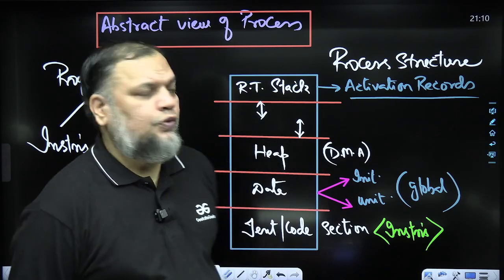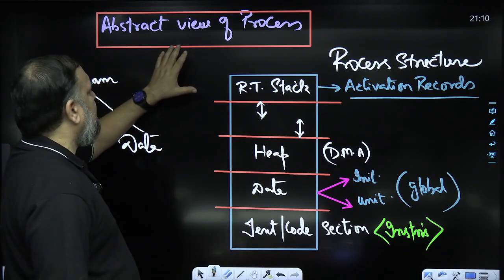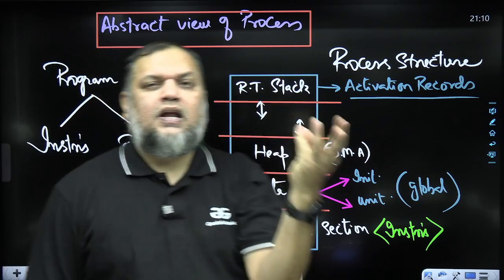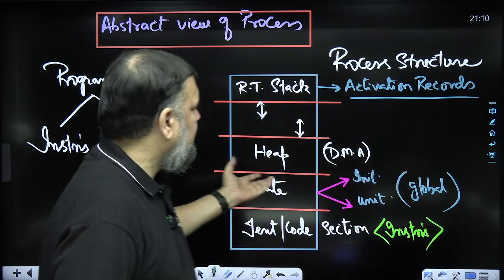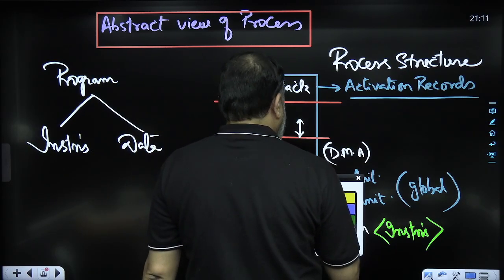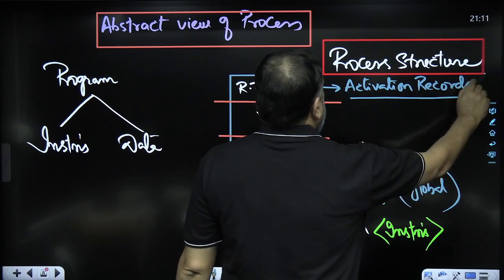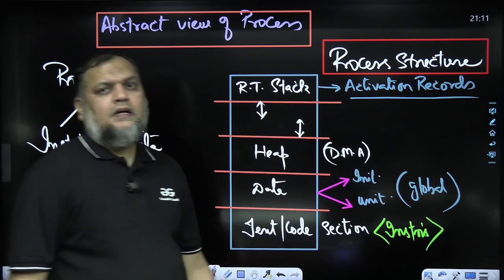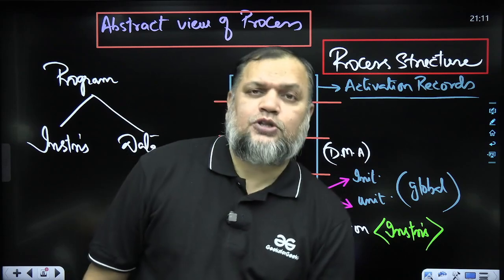So boys and girls, if you remember, process is abstract, like an abstract data type, ADT. Being an abstract data type, it will have a definition and a representation. This is the representation, or process structure in memory. Fine. Then we have the next: process operations.